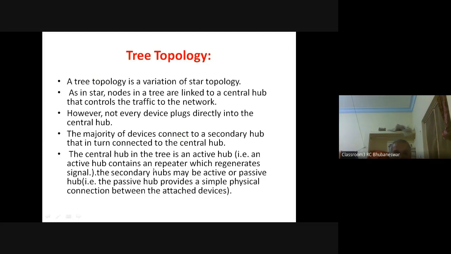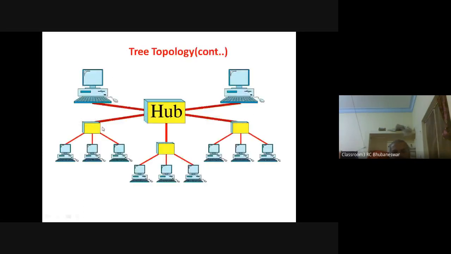An active hub contains a repeater which regenerates signal. इसकी खासियत ये है, it regenerates a signal. मीन्स it contains a repeater. मतलब कुछ signal down हो गया, कुछ उसका problem आ गया, it can regenerate. The secondary hubs में भी active और passive हो सकता है. A passive hub provides simply a physical connection between the attached devices. Simply passive hub cannot regenerate. It is simply a connector.